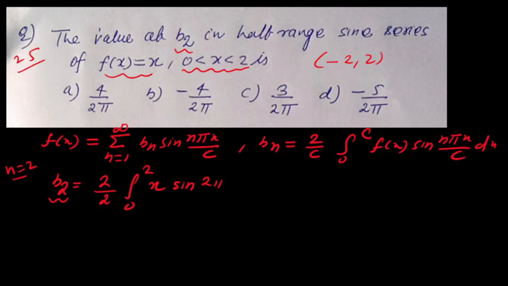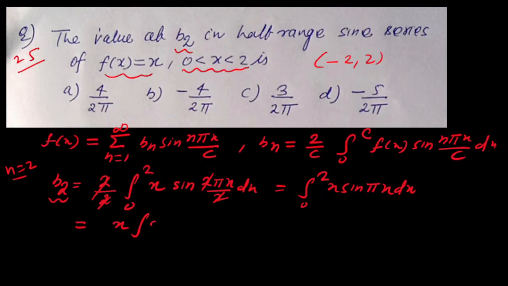So let me write it for your understanding: 2 pi x by 2 dx. So this 2 and 2 cancel. This 2 and 2 also cancel. So I just have to integrate 0 to 2 x sine pi x dx. You remember the integration by parts formula? If you do not, I am writing the detail this time.